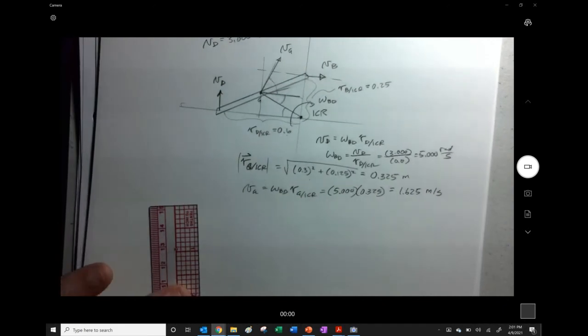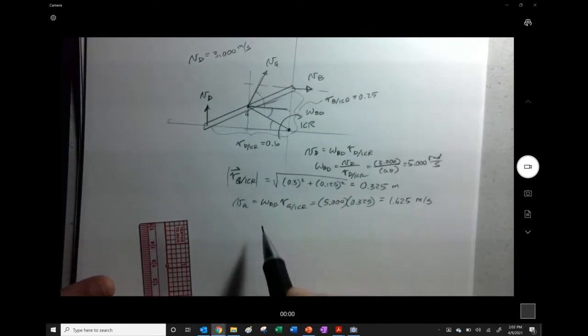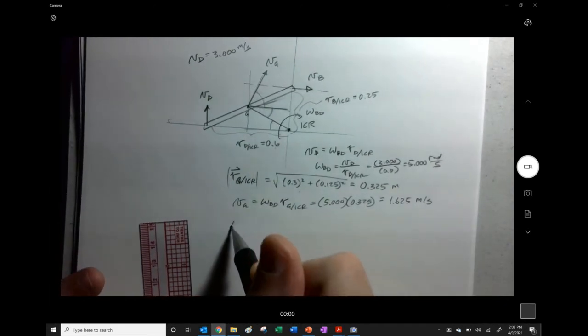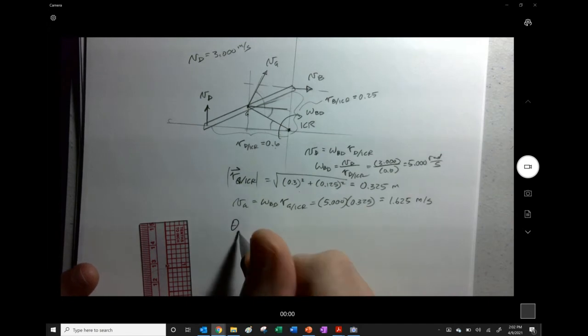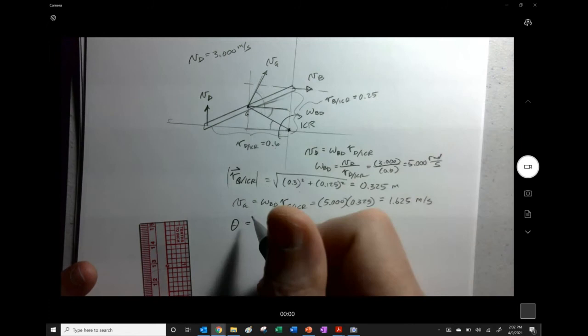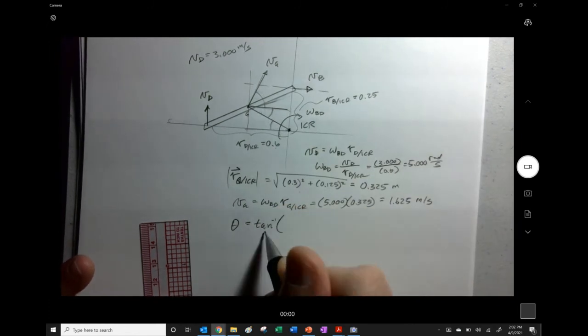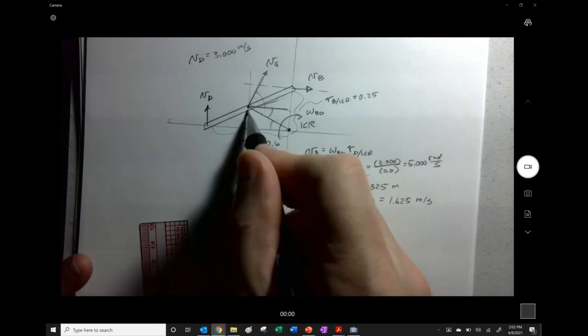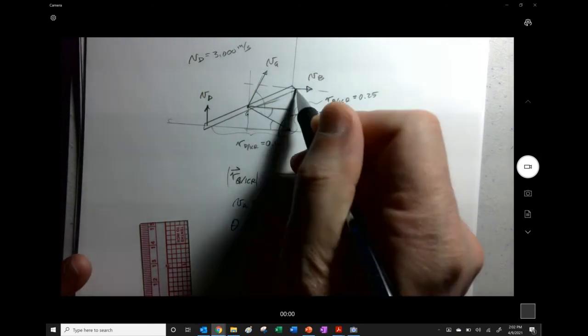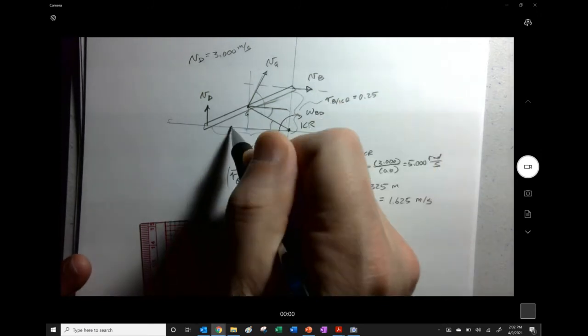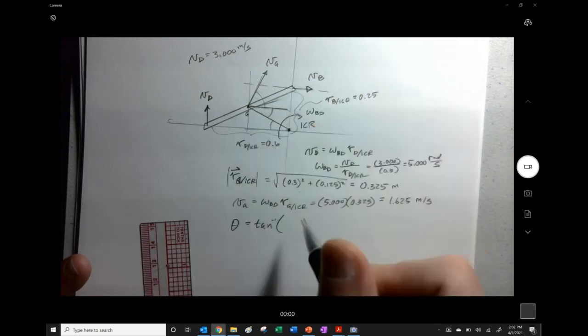But you need to do a little bit of observation from the geometry of the thing. I'll just call this theta for now. I might want to call it beta just to make it clear. We'll take the tangent of the rise over run, which is the same thing as this angle right in here, by the way.